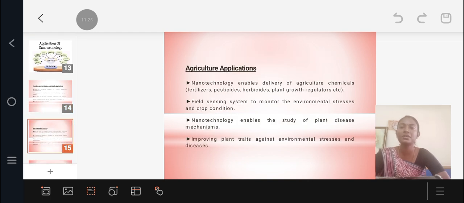Agricultural applications: nanotechnology enables delivery of agricultural chemicals, and field sensing systems to monitor environmental stresses and crop condition. Nanotechnology enables the study of plant disease mechanisms and improving plant traits against environmental stresses and diseases.